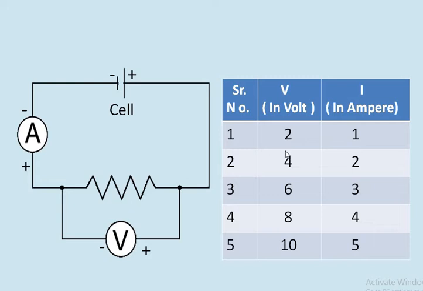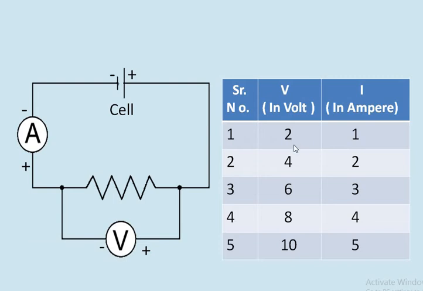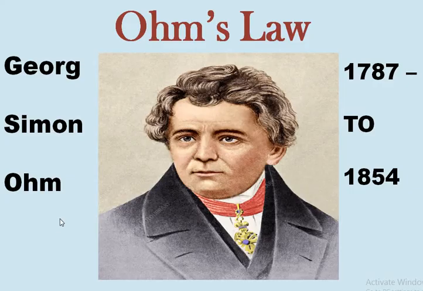You can see here, as the potential difference increases, current also increases, and in the same ratio. This relation of potential difference and current was first obtained by George Simon Ohm in 1827, and he formulated it as Ohm's law.